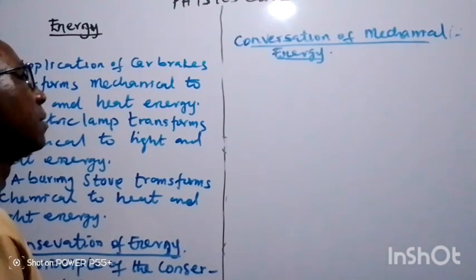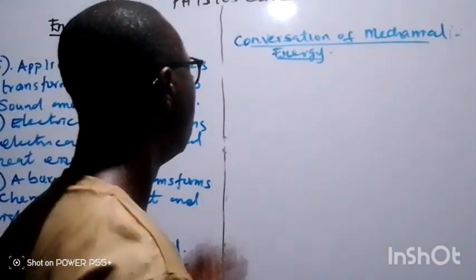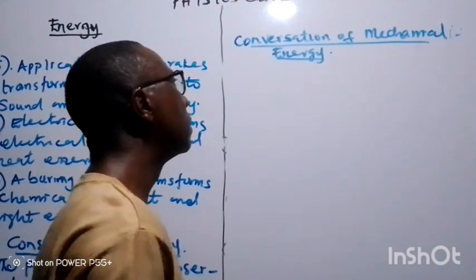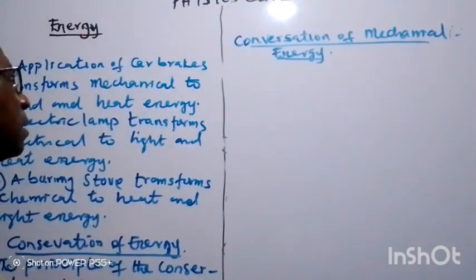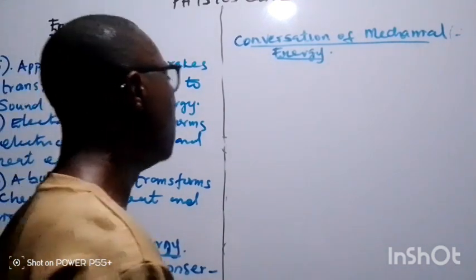I take it again. The principle of conservation of mechanical energy states that potential energy can be transformed to kinetic and kinetic to potential, but the total energy remains constant.